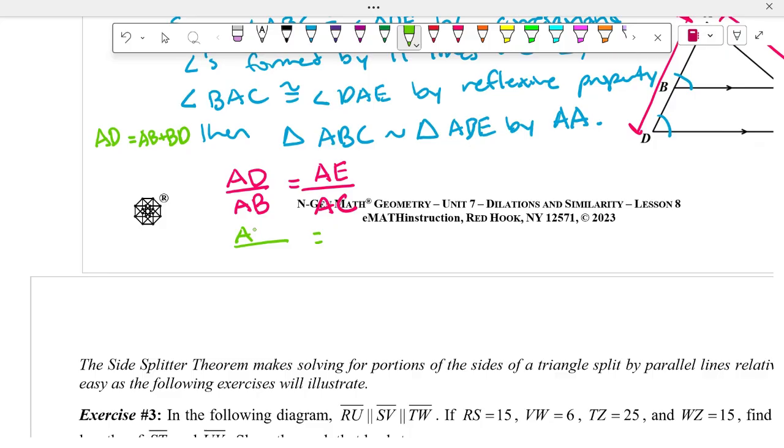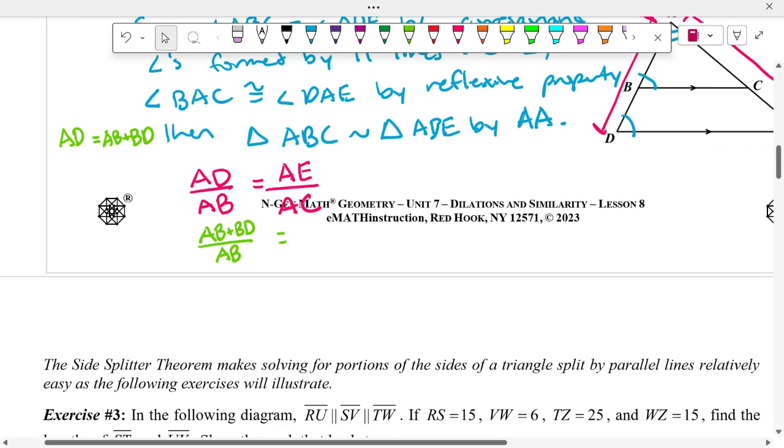I'm going to replace AD with AB plus BD over AB. All I did was what we call substitution. I wrote out a rule for AD and replaced it. Again, you don't need to know this. We're just proving it algebraically.